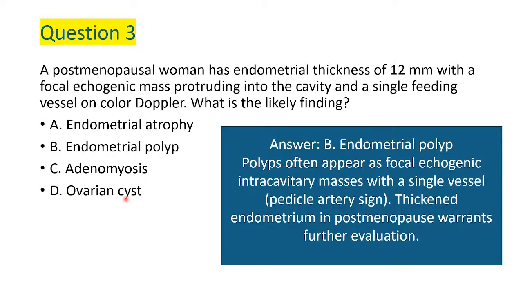D. Ovarian cyst. So our answer is B, an endometrial polyp. Polyps often appear as focal echogenic intracavitary masses with a single vessel, the pedicle artery sign. Thickened endometrium in postmenopausal women needs further evaluation.